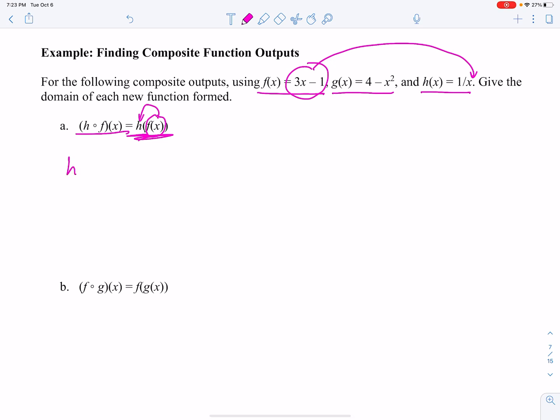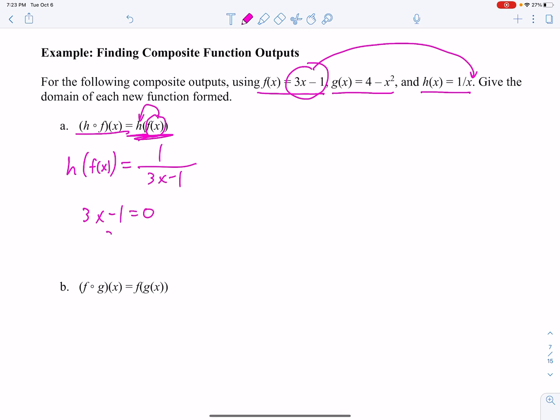All right, so h of f of x means we do 1 over 3x minus 1. Okay, we took the f function and plugged it into the h function. All right, we want to find the domain. Remember, again, find the domain of a fraction. We take the denominator, in this case 3x minus 1, set it equal to 0. Solve for x.